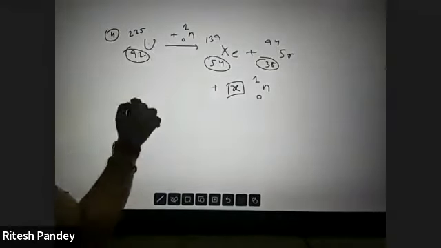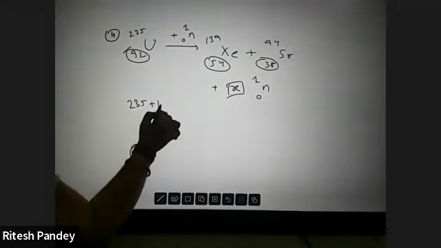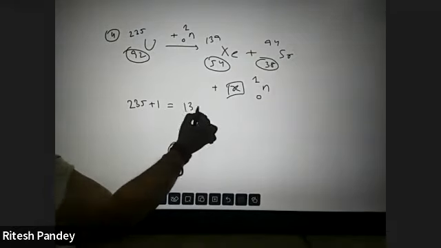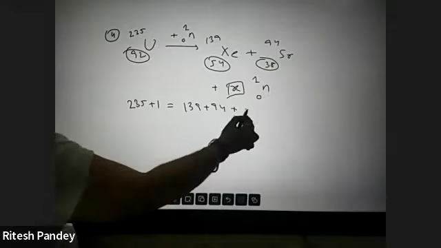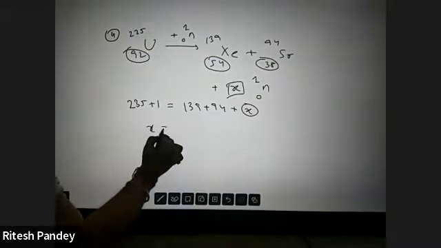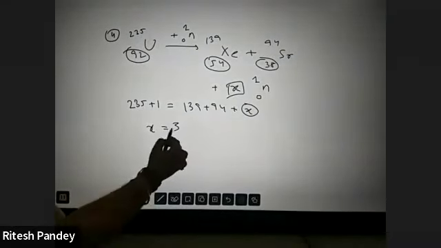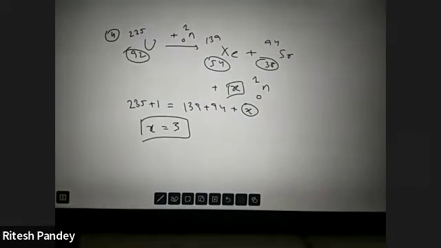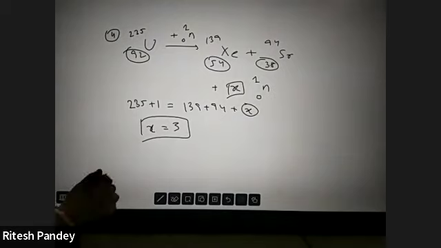The mass number 235 plus 1 is equal to 139 plus 94 plus x is how I'll get x. क्या होगा मेरे भाई? 3, which is option D, I reckon. You're all there with me?